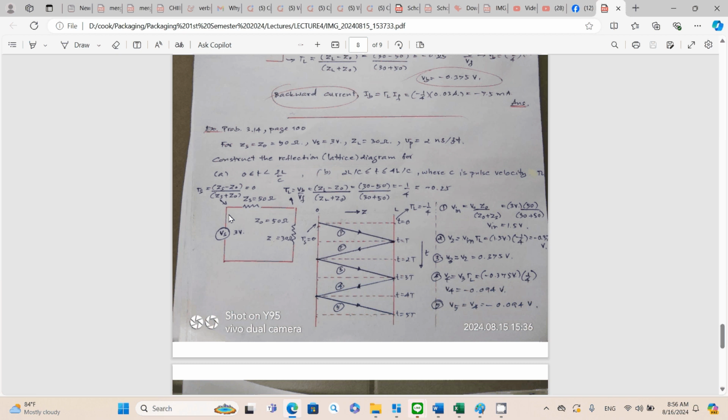This means the time for the signal from the source to reach the load. Let's take T seconds. And of course, you can find the time simply equal to the length of the line divided by the velocity of the signal along the transmission line. And Vp is given, that's 2 nanoseconds per feet.